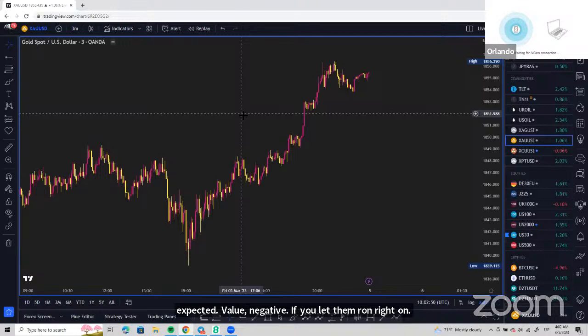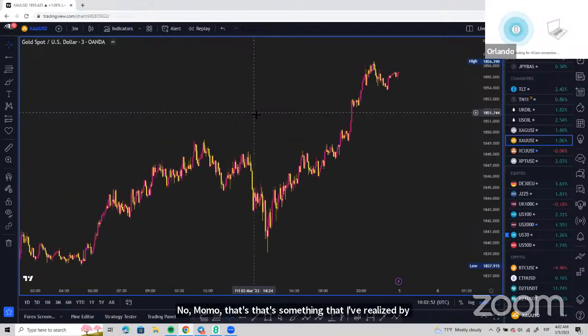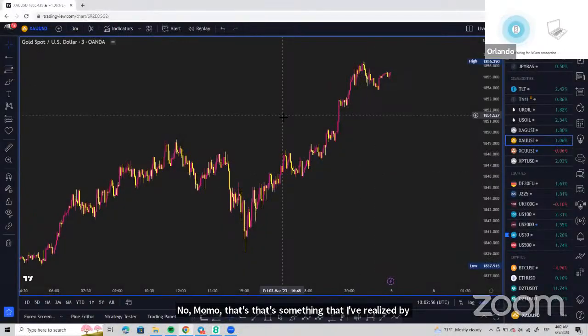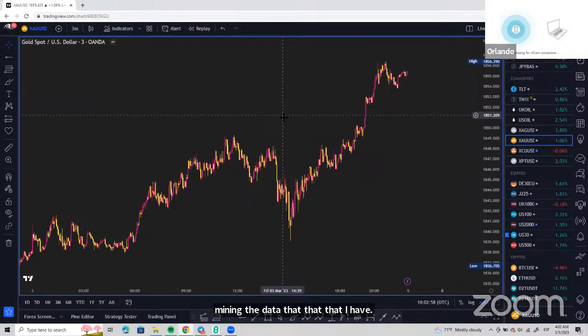That's something that I've realized by mining the data that I have, my historic trades and everything that I do on Excel. But yeah, focus on the time.